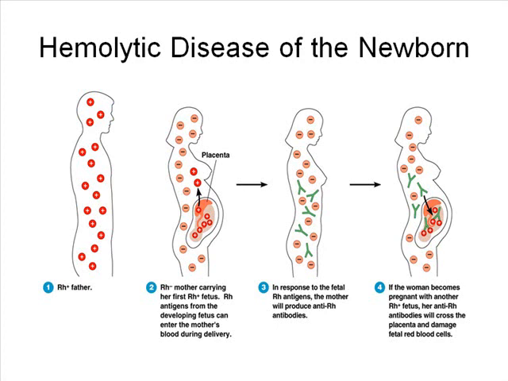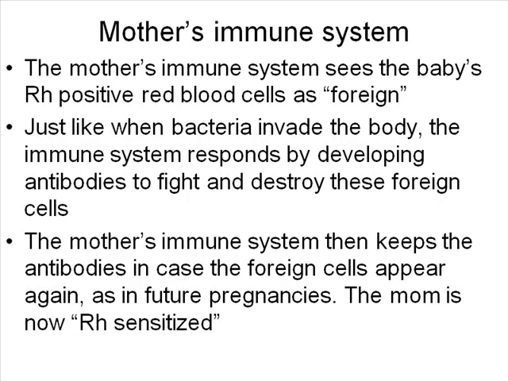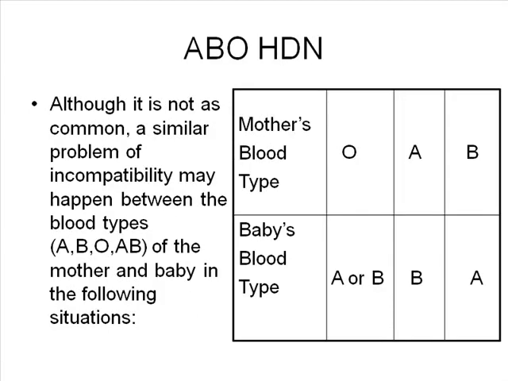But now we give the antenatal RhOGAM to all Rh negative mothers. And remember, what happens is that mom is seeing the baby's red cells as being foreign. So it doesn't matter if it's D, it could also be others such as little e, big C, any of those that could potentially cross the placenta and cause sensitization of the mom's immune system.